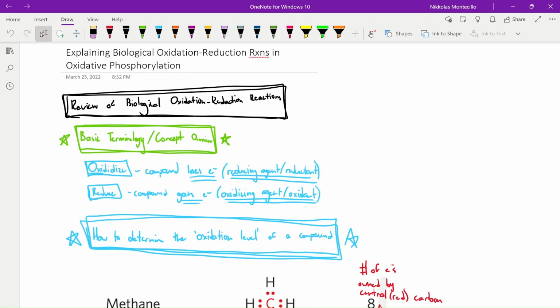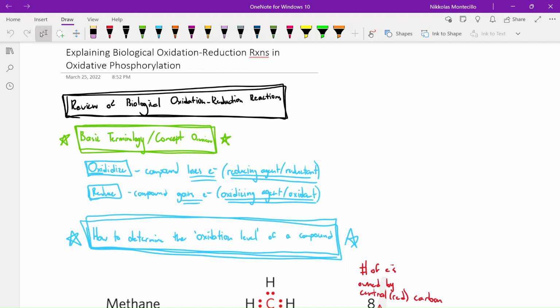So to start things off, I want to first review the basic terminology of redox reactions, or oxidation-reduction reactions. When a compound or atom is losing electrons, we refer to this molecule, compound or atom as being oxidized.